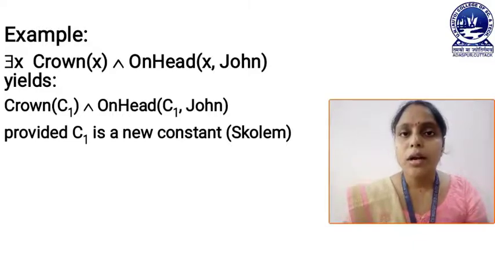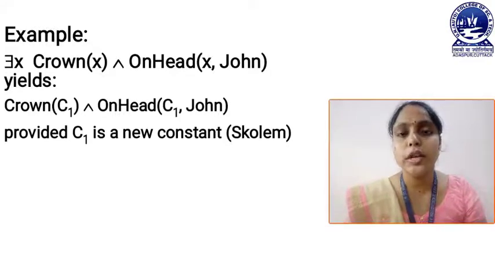Now look at the new sentence, Crown(C1) and OnHead(C1, John). In this sentence C1 is the constant which replaces the variable x, and this constant is only available for this knowledge base. That means the constant C1 is not used in any other knowledge base. This is existential instantiation.